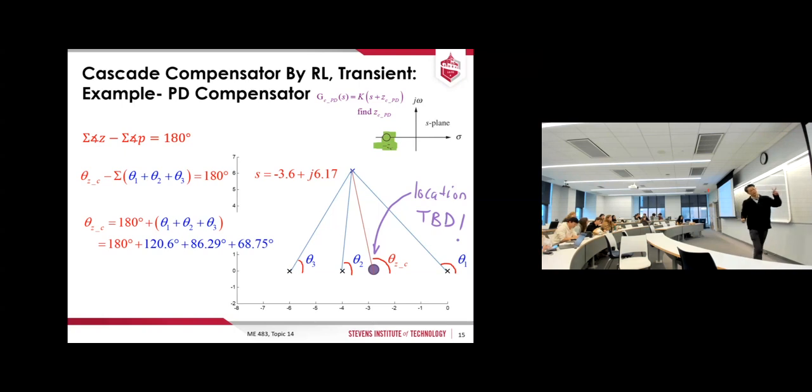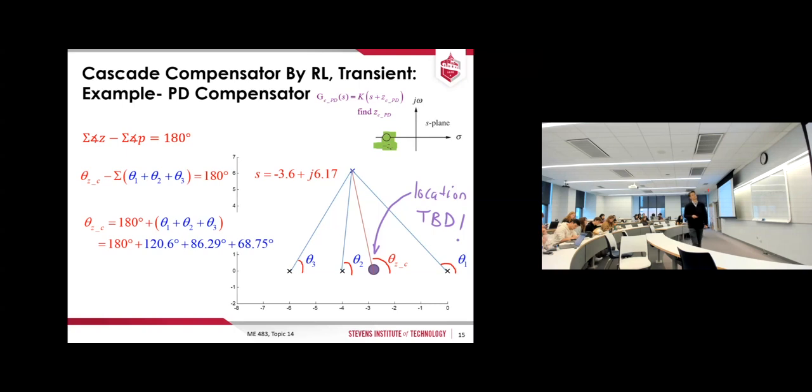And from the geometry, that 59.7 is this angle, so we have to do 180 minus 59.7, which is 120.6 degrees. Okay, you may be right. Anyway, that's theta 1.